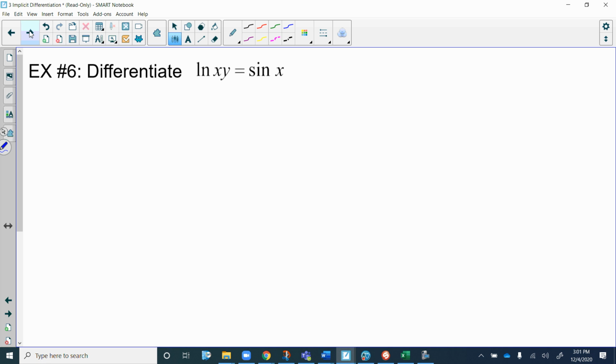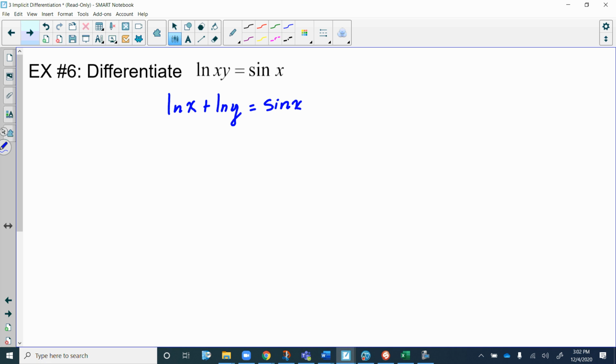So this natural log of xy can be broken up into natural log of x plus natural log of y with the properties of logarithms to be equal to sine of x. So we haven't taken the derivative of anything yet. We just have broken up the equation using the properties of logarithms to try to help us isolate what the y prime is going to be.